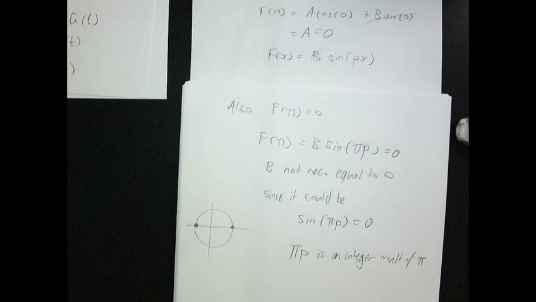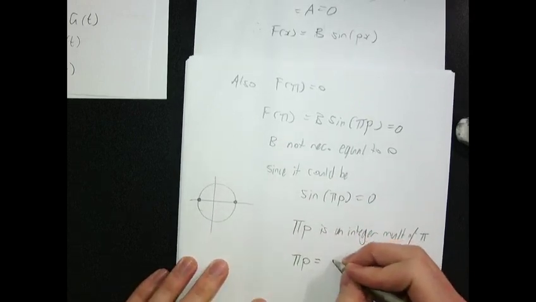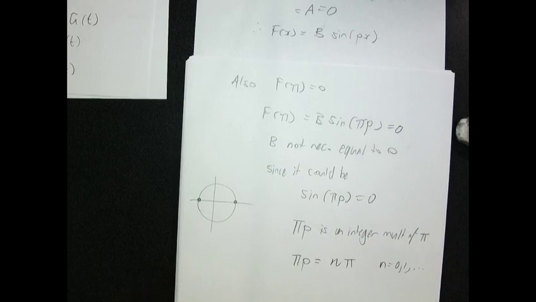So p is a positive number, and so it's actually a positive integer multiple of pi. You'll note that sometimes if you have a cos, I'll write this down in a second, sometimes it'll be an odd multiple of pi on 2 or something like that. So I will put that down when I get to the end. If I forget, remind me. Sometimes at this stage you have to say it's an odd multiple of pi on 2 or something like that. Okay, so it's an integer multiple of pi, so we have that pi p is in fact equal to some multiple of pi, n pi, for n equals 0, 1, and so on.